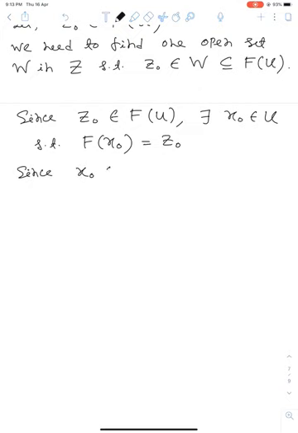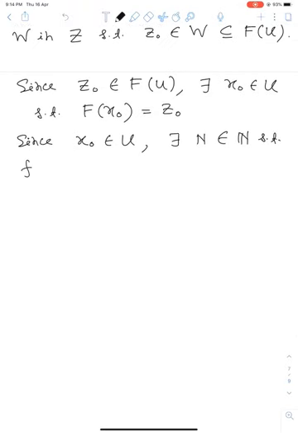Since x0 belongs to U, there exists a natural number n such that f_n(x0) is bigger than 0 and f_n of X minus U is the singleton 0.